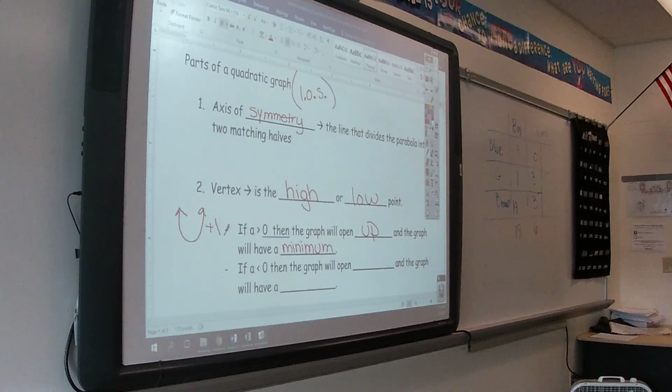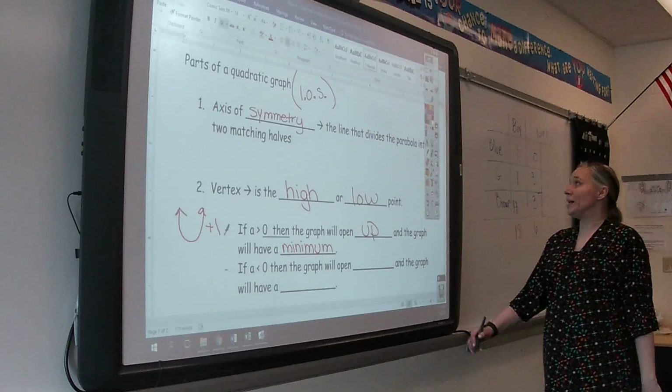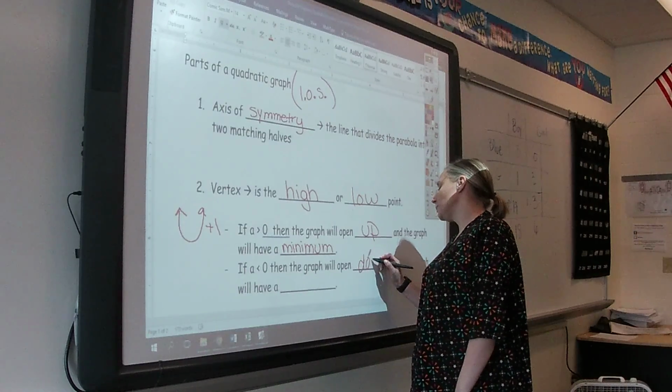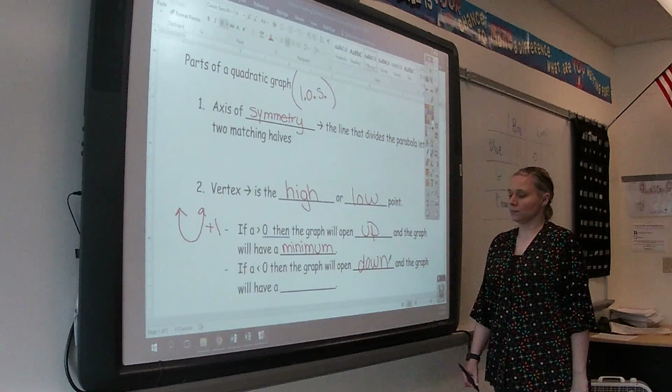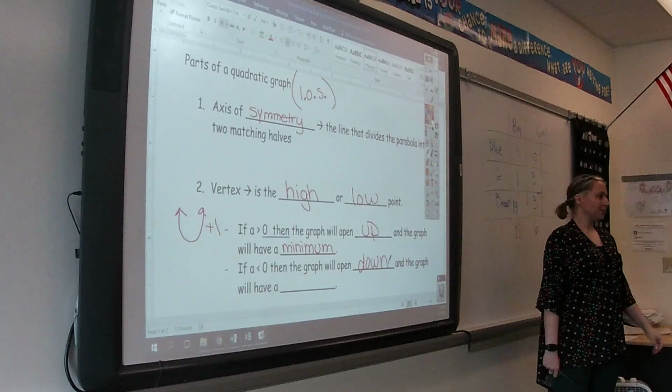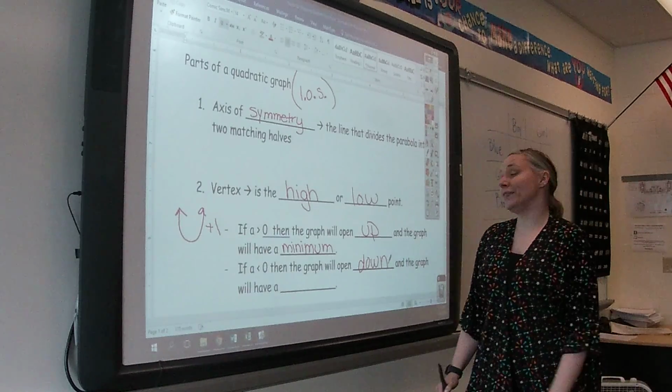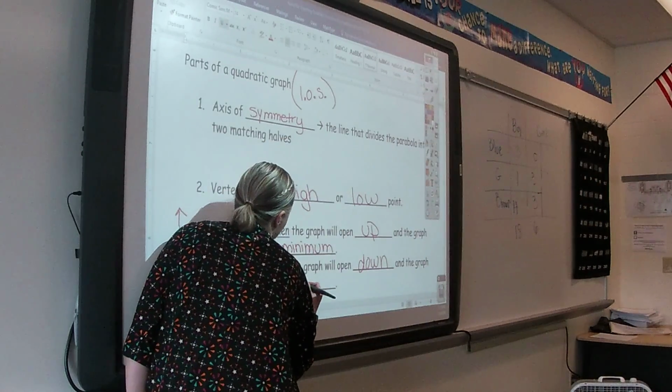If A is less than 0, then the graph is going to open down, and the graph will have a high point that we call a maximum.